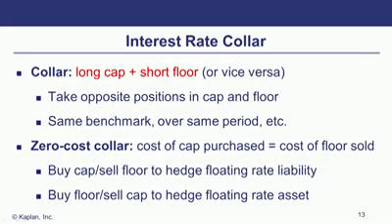And of course, a corollary of all this is something called a zero-cost collar. In other words, I can play with the strikes and with the prices of my calls and puts in order to create a product where the cost that I'm paying, say on the cap, is exactly offset by the proceeds from the sale of the floor.